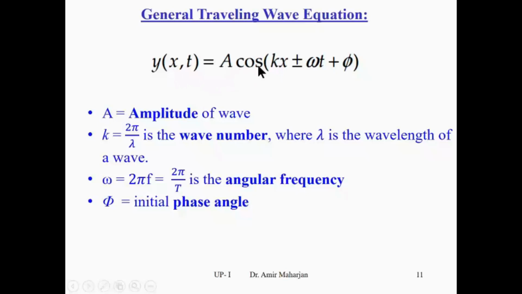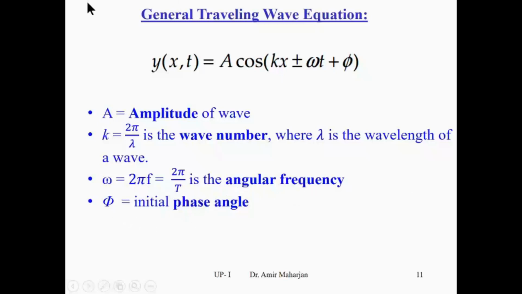It is A cos or sin of (kx plus or minus omega t plus some initial phase). A is the amplitude, k is 2 pi over the wavelength, lambda is called the wavelength, and k is called the wave number. Omega is 2 pi f, the angular frequency, and phi is the phase angle.